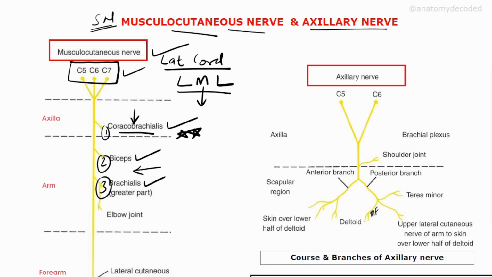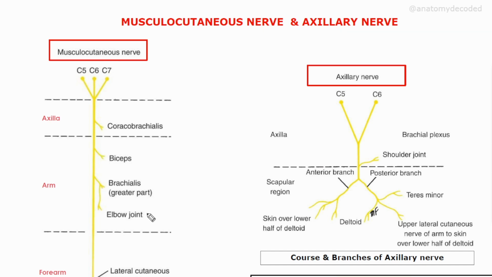Then it gives a branch to the elbow joint, so this is an articular branch. Whenever we write branches, we can divide them into headings like muscular branch, articular branch, cutaneous branch. Whenever there is a branch going to a joint, you can call it an articular branch.